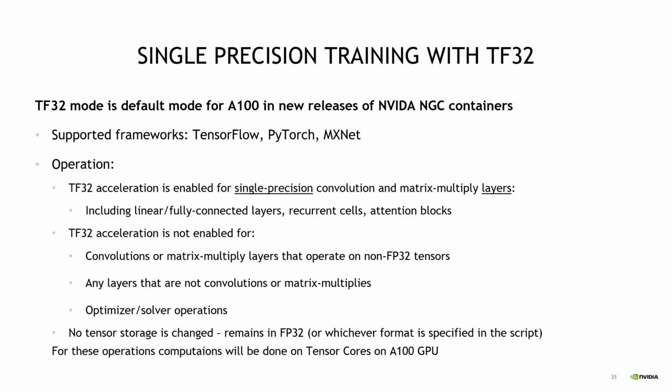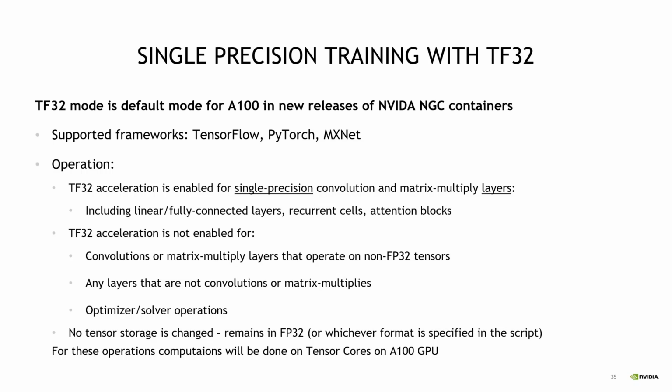TensorFloat-32 acceleration is not enabled for convolutions or matrix multiply layers that operate on non-FP32 tensors. It's not enabled for any layers that are not convolutions or matrix multipliers, and it's not enabled for optimizers and solver operations.